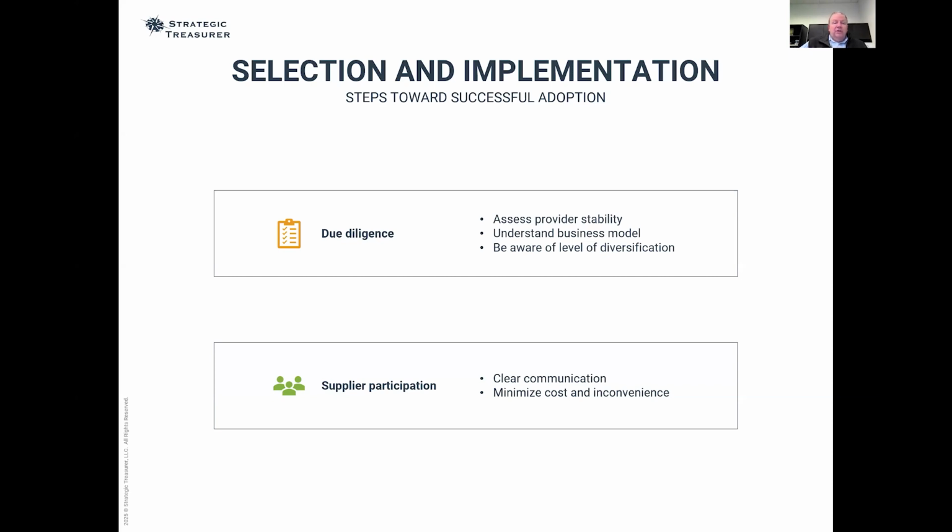Two things that are covered by the due diligence and supplier participation. Are you looking to acquire a service or a solution that increases or decreases over time? Now, everyone's going to say, I want something that increases over time. So that's not the purpose of the question, but are you doing your due diligence to find, are they stable?